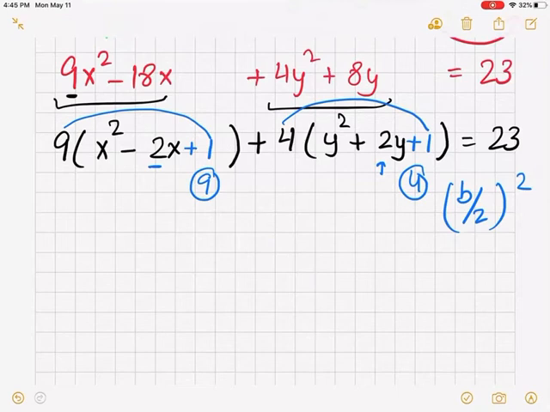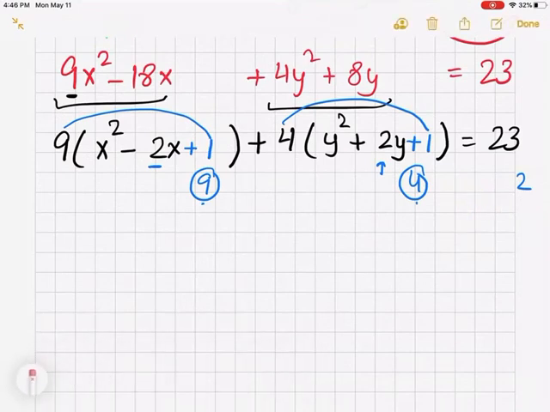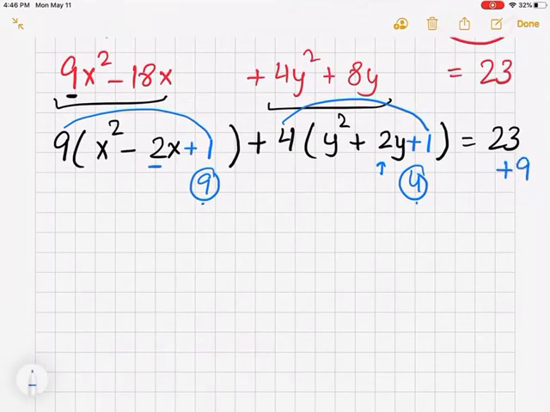So technically, I added 9 and 4 on this side, which eventually becomes 13. So I have to do the same thing on the other side. Let me erase this on this side because I need room to write the other number. So I would add 9 and I would add 4 on this side.